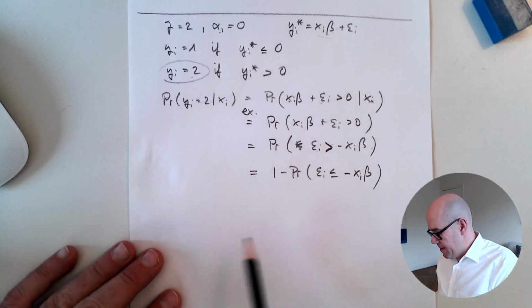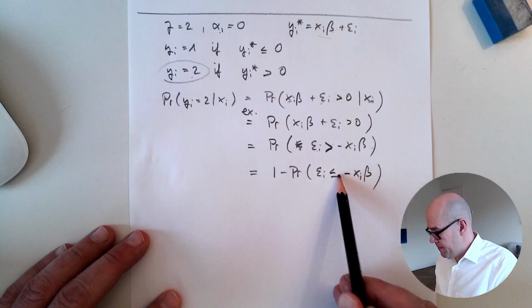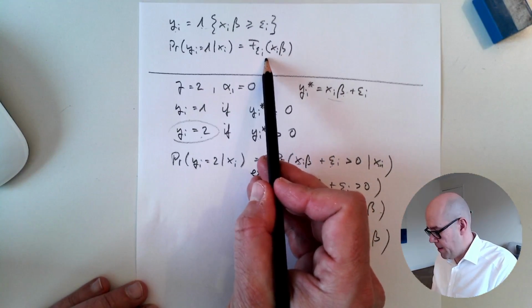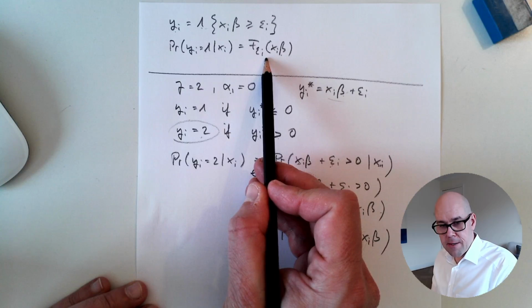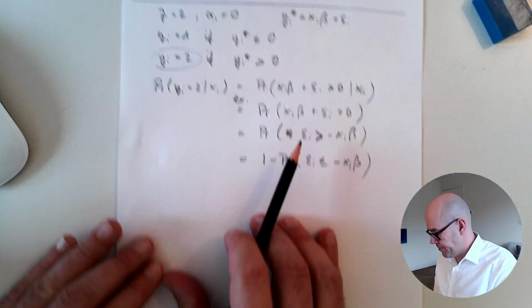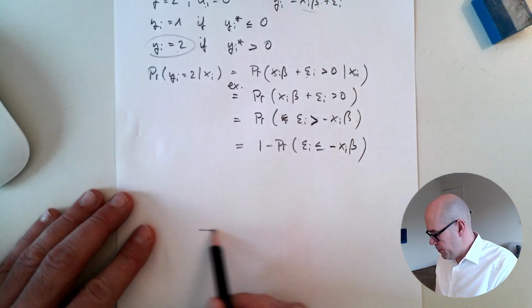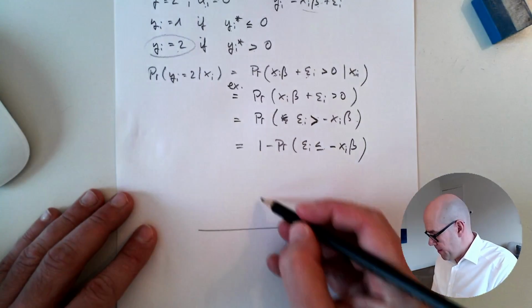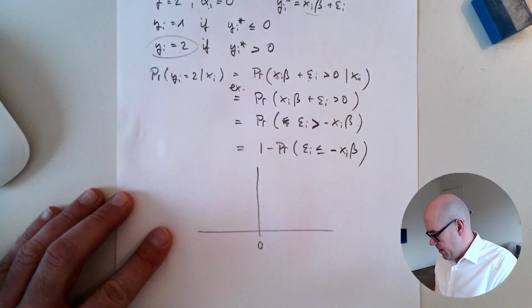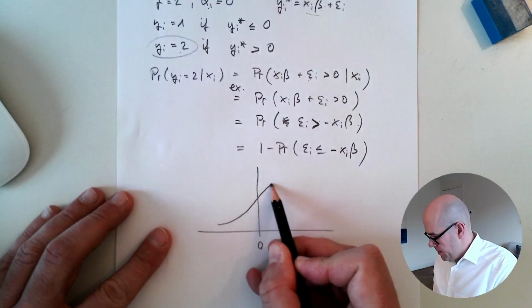Now let's think about whether we can rewrite this term to arrive at something that looks like what we have seen up here for the binary choice model, which was the CDF of epsilon I evaluated at xi beta. And the easiest way to see what we have to do is to draw a figure. Let me just draw a CDF.